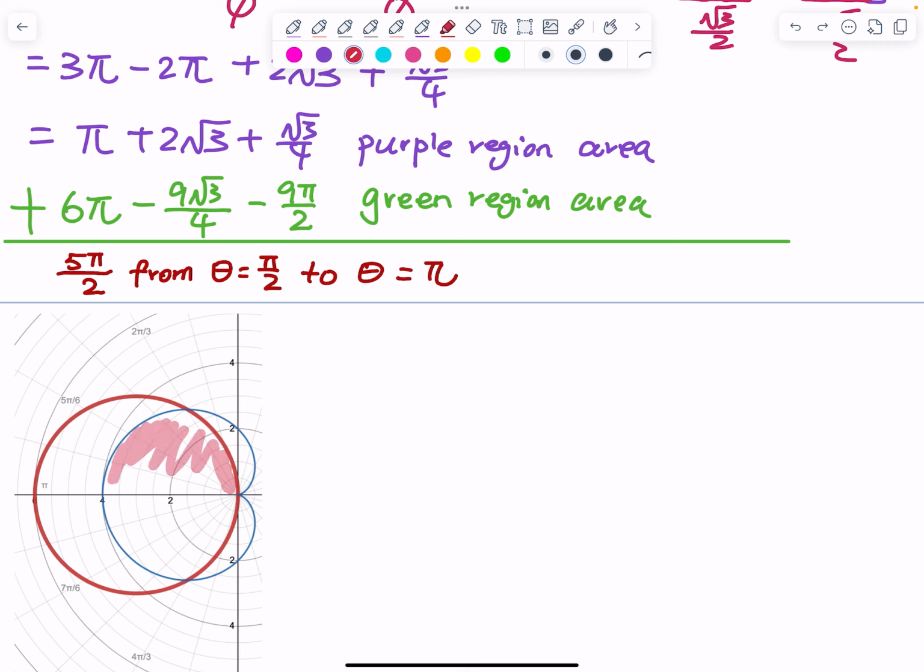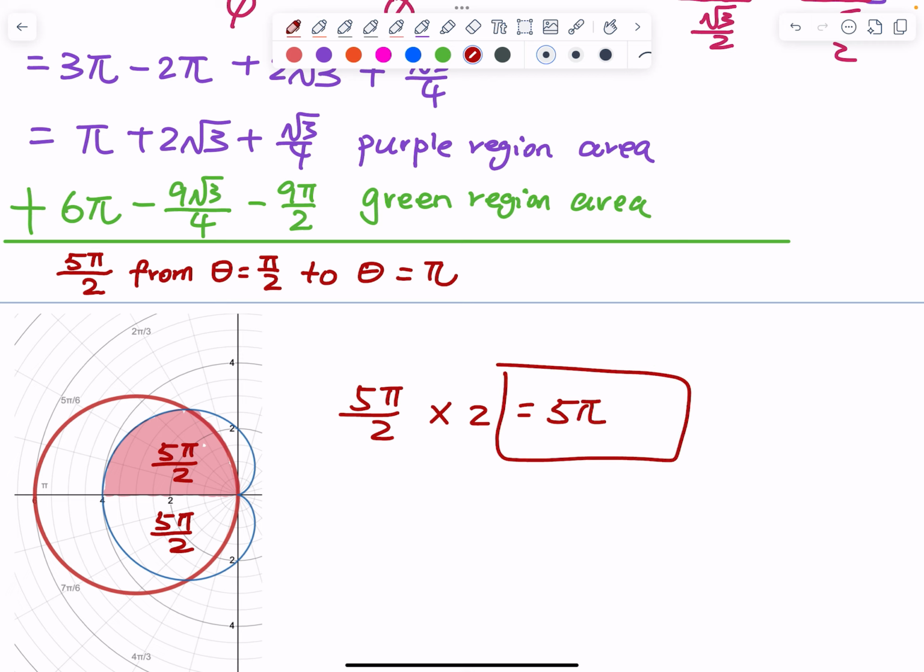That will be the upper half. Let's shade this region, upper half, and I will call this 5 pi over 2. I have another 5 pi over 2, then 5 pi over 2 multiplied by 2 is 5 pi.